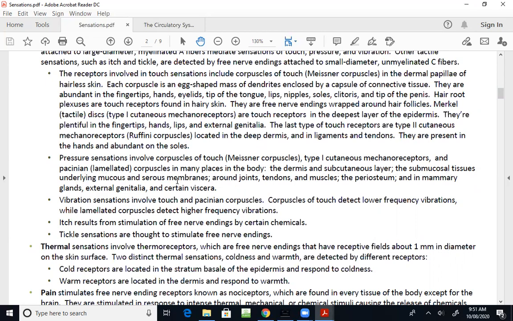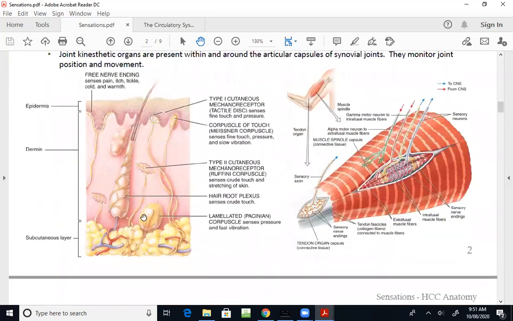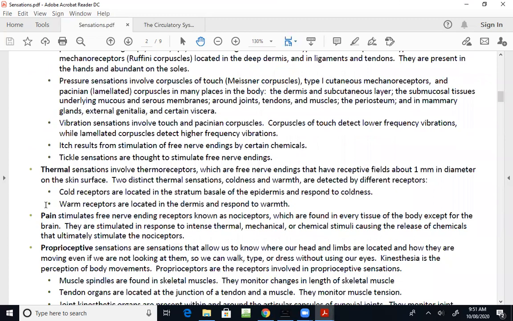So like in the nose, for example, inside the mouth, inside of other places. Around joints, tendons, and muscles. The periosteum, remember that's what surrounds our bones. Mammary glands in females, external genitalia, and certain visceral organs. So a lot of places we find these, not just the skin like we show it right there.